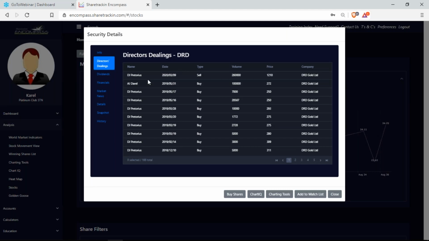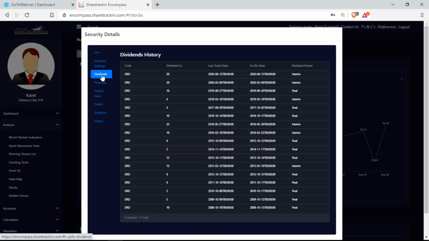As I can see here, Mr. Pretorius sold his shares on the 9th of April this year, and he sold that many shares at that price. It could be alarming when 3 or more directors start climbing out consecutively after each other.